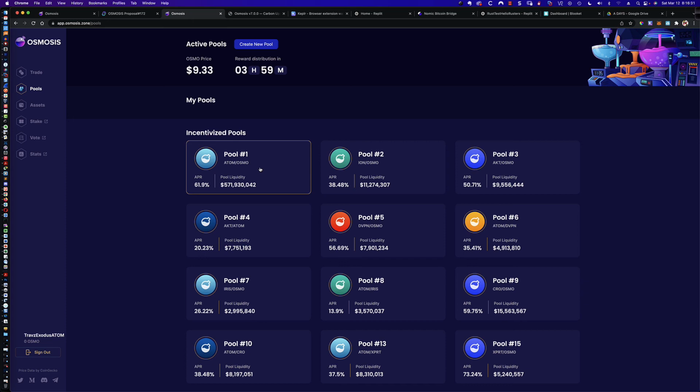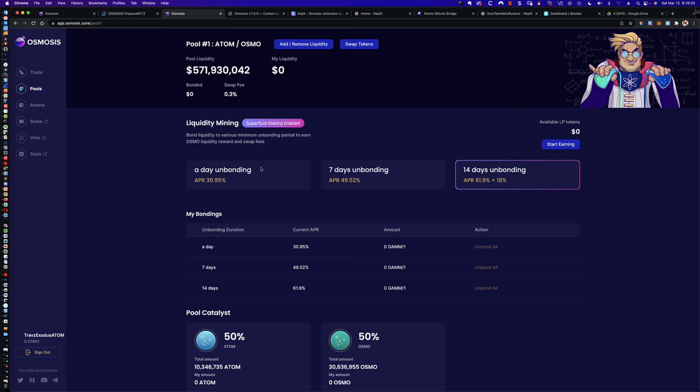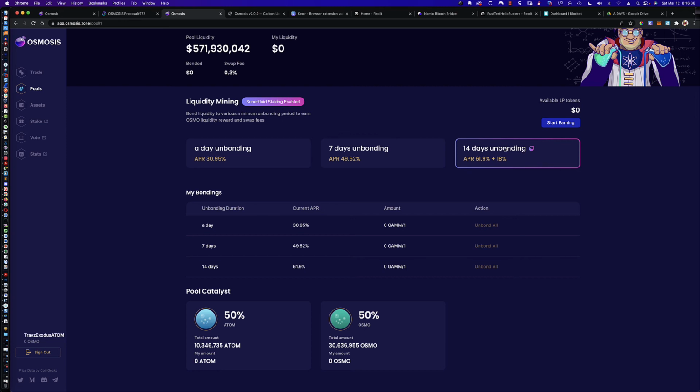So again, just a quick recap. Right now, it's only pool number 1, the Atom Osmo pool, and the APR is down to about 80% over all the eligible assets that are in this pool, meaning the LP tokens and half of the Osmo that makes up that LP pairing, and you're earning Osmo.